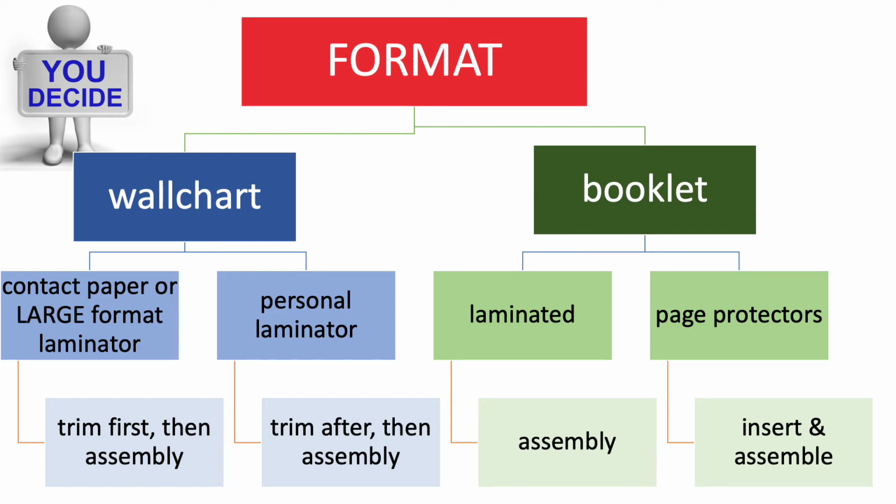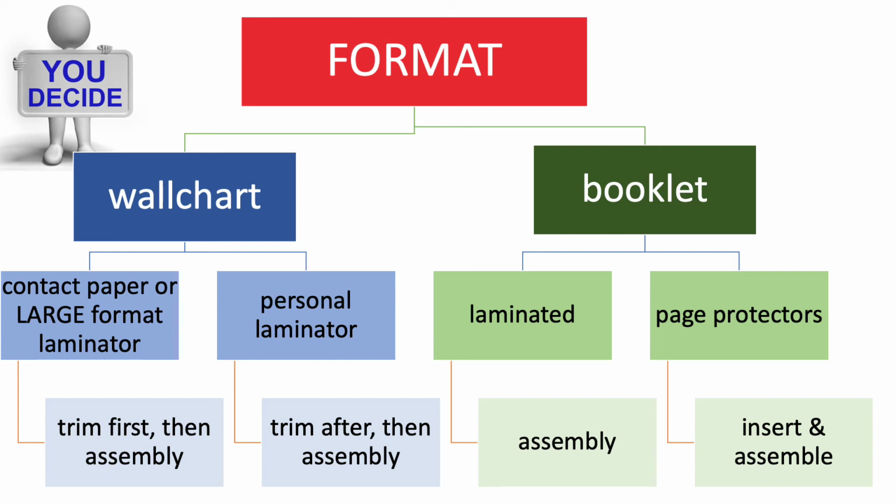Once you've printed out the 15 pages, you have to make some decisions about format and then finishing. If you decide to make a wall chart, you can protect the chart with either contact paper or with lamination. If you have access to a large format laminator, you can trim all the pages, assemble them, and then run it through the laminator.